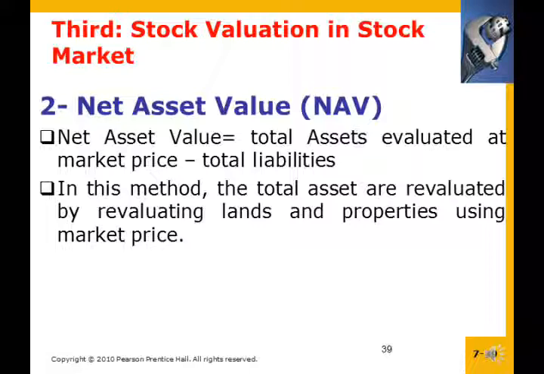By using this method in stock valuation, you will again reevaluate land, but at market price, not historical price. So net asset value will be equal to total assets evaluated at market price minus total liabilities.